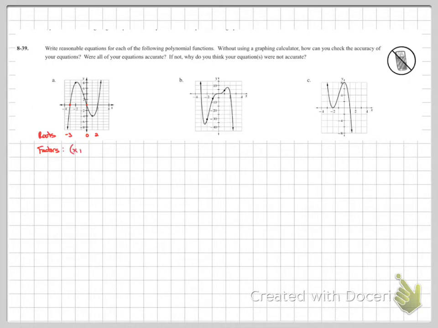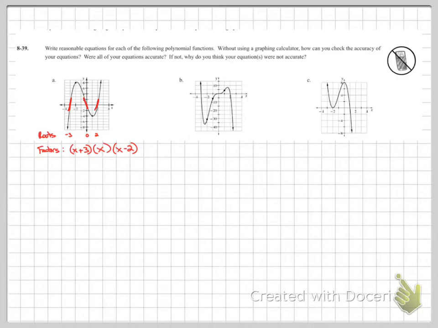That's x plus 3, and it's going straight, so it has an exponent of 1. X is just x, going straight through also, so exponent of 1. And positive 2, opposite, gives me x minus 2. It's also going straight through, so make sure you look. These are straight through right at those intercepts, so that's why all my exponents are 1.